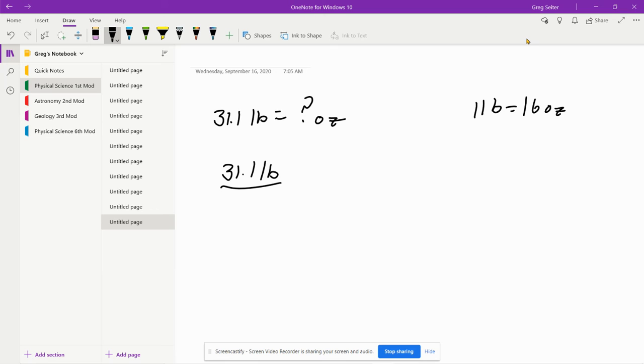And remember, we want to get rid of pounds, so we're going to put the pound on the bottom. Cancel units. Multiply straight across. I'll let you finish that problem up. Your answer will be in ounces.